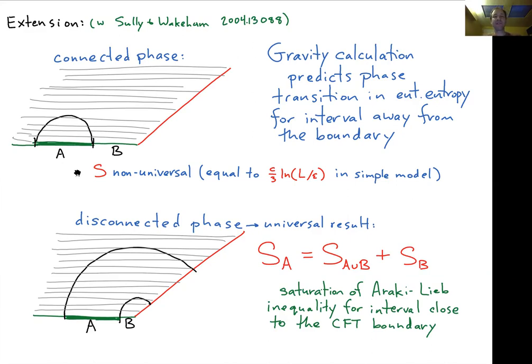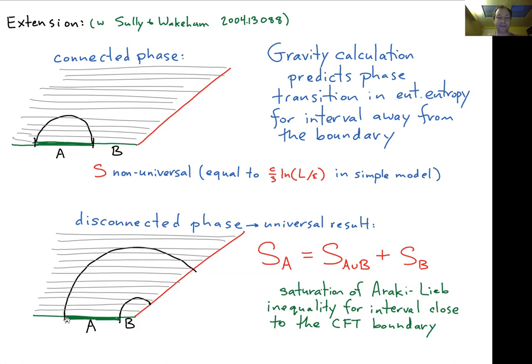There's an interesting prediction from the gravity side, which is that you should have a phase transition in the entanglement entropy if you vary the location of this interval. That's shown in the pictures here. If the interval is far away from the boundary, then the minimal area extremal surface is one that doesn't touch the boundary, and just goes through the bulk.